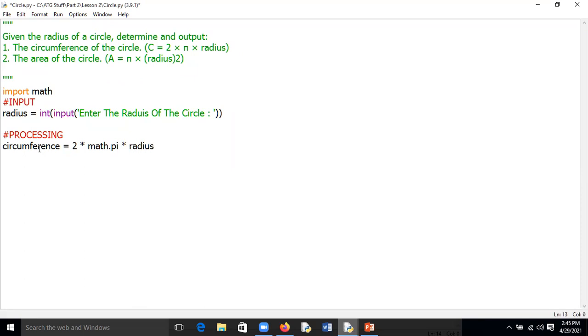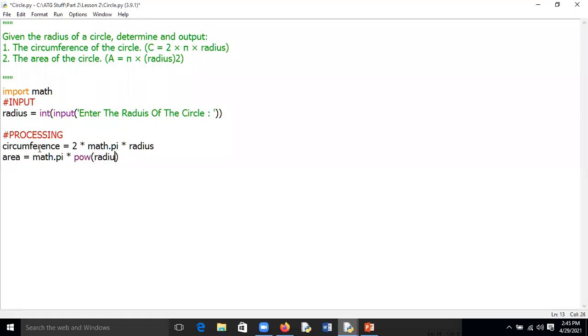Then, now just remember, we got area is assigned and it's radius squared. Now we remember we can square it in 3 different ways. We can multiply the radius by itself, or we can use pow, right? So let's use pow. So it's going to be area is equal to pi, once again, math dot pi times, and what is it, guys?